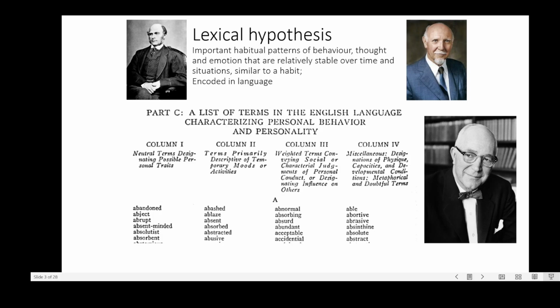And obviously, then starting with the work by Cattell and others, using factor analysis, we can identify potential underlying dimensions that can be used to describe the important features of personality.